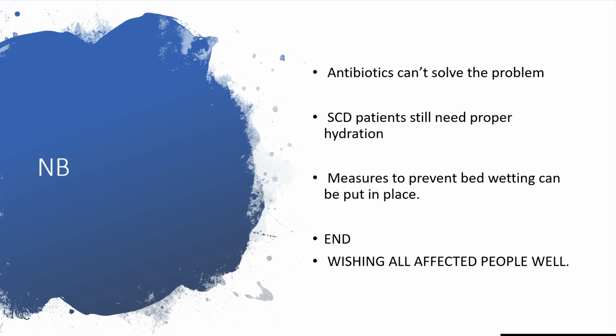So sickle cell disease patients still need proper hydration even in the face of this. What we can do is to take measures that will prevent bedwetting. In other words, all measures that could be taken in secondary enuresis should be put in place. And outside that, if you are not convinced about the genotype, have that done.